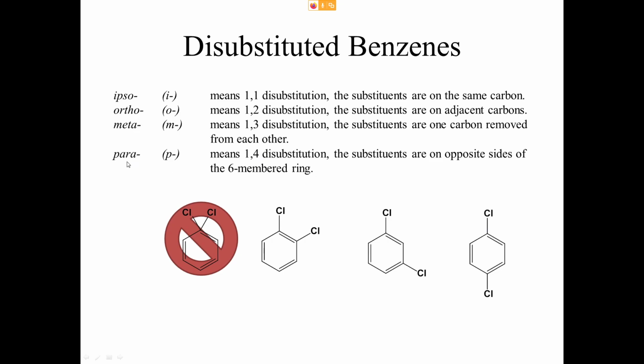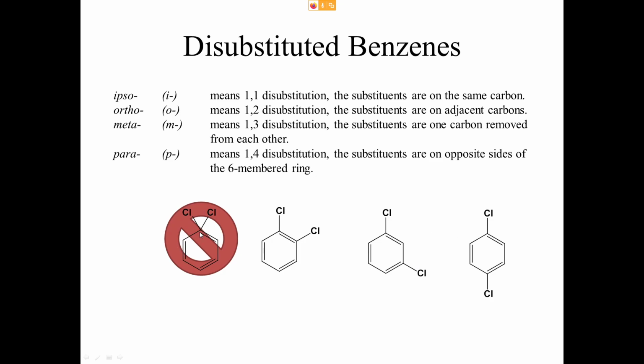Para means opposite. So ortho next to, para opposite. We have one that's kind of in between those two. So this is 1,2 and this is 1,4. In between ortho and para is the one where they're on 1 and 3, so it's called meta, which means between. So meta is between the ortho and para, literally, because it's 1,3 instead of 1,2 or 1,4.